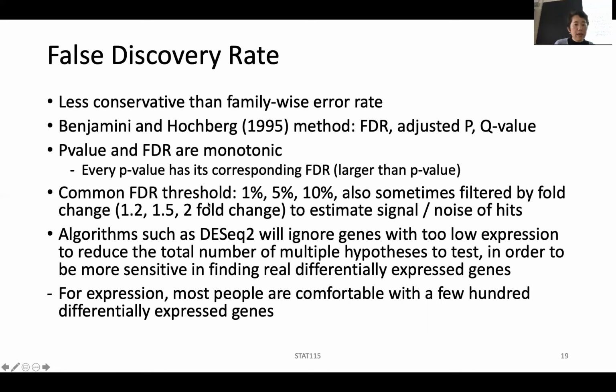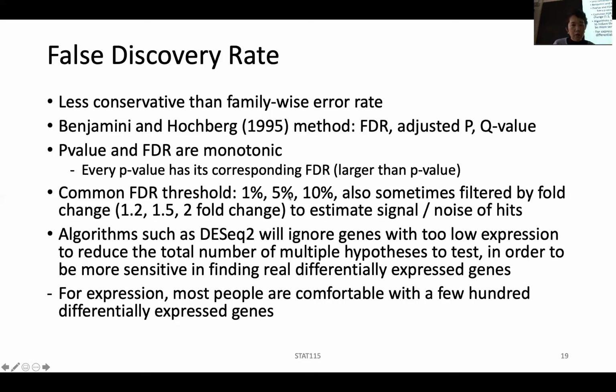When you say you're reporting FDR, readers will understand that you have already done multiple hypothesis testing correction, right? And sometimes, in addition to the FDR, people also filter by fold change. Say the fold change needs to be 1.2 or 1.5 or 2-fold.